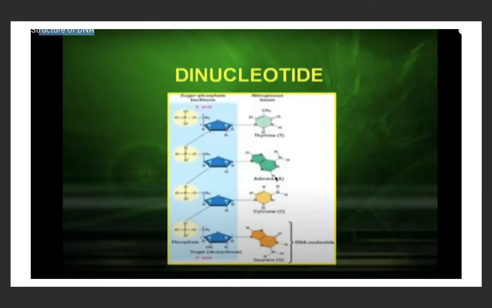In this picture, you can see how the phosphate and pentose sugar backbone is formed, with phosphate groups attached through phosphodiester linkages, and on the inside the nitrogenous bases are present along that backbone in a parallel fashion.